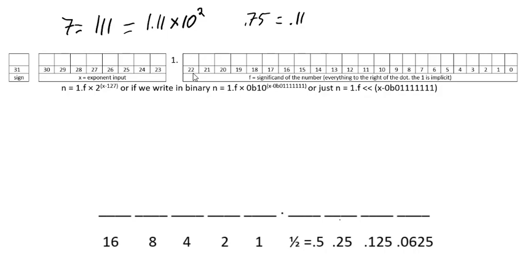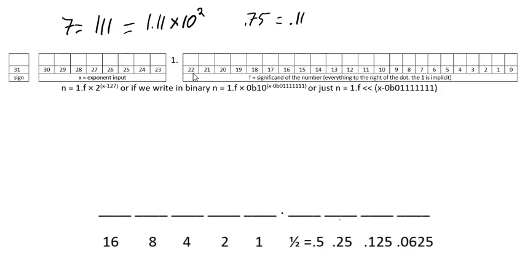The next one is 1 over 4, which is 0.25. So the right side of the point in binary is kind of difficult because the numbers get very big very fast. We're multiplying those denominators by 2, which grow much quicker than the numbers to the left of the decimal, which grow by 2 at a time. So that's why the right side gets kind of scary really fast. So we won't use big numbers here.